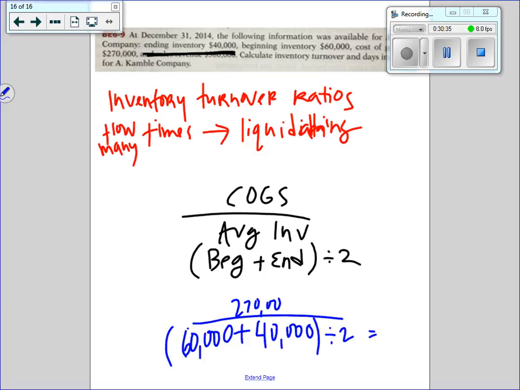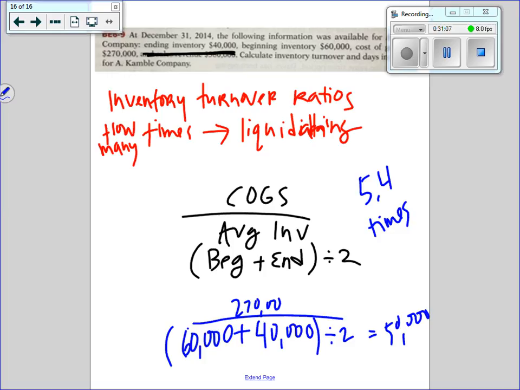So that number is really 50 grand. On the test, if you see that it's 100 divided by 2, so you just put 50,000 in there, that's fine. You don't have to show me your math, but don't argue if your math is wrong and you get the number wrong. Okay. So 270 divided by 50,000 is 5.4 times. It's not very much, you guys. In the course of a year, we are only liquidating our full-on inventory 5 times.